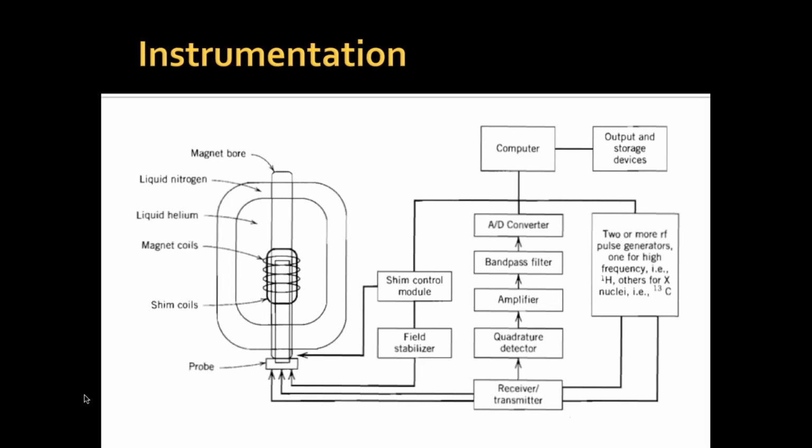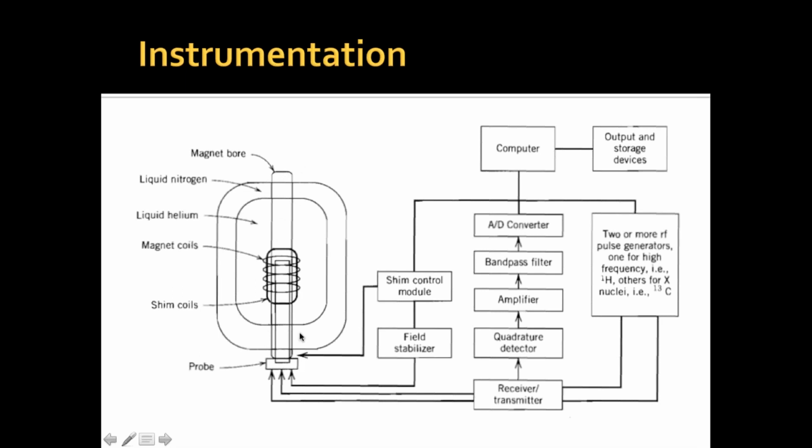So this is the instrumentation for FT-NMR, the Fourier transform. As you can see, the long rod is the magnet bore where you insert your sample. Inserting the sample here means you insert the sample in a tube.